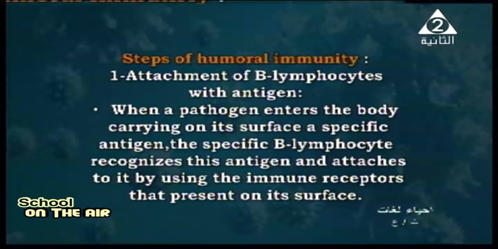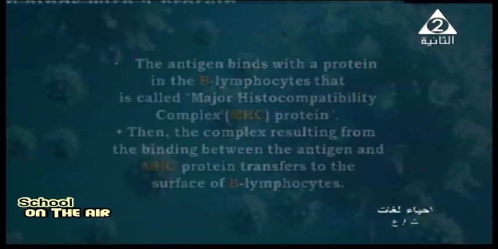These immune receptors are found on the B lymphocyte. So the B lymphocyte contains immune receptors, while the pathogen contains the antigen. When they attach to each other, what happens? The B lymphocyte can kill the antigen.